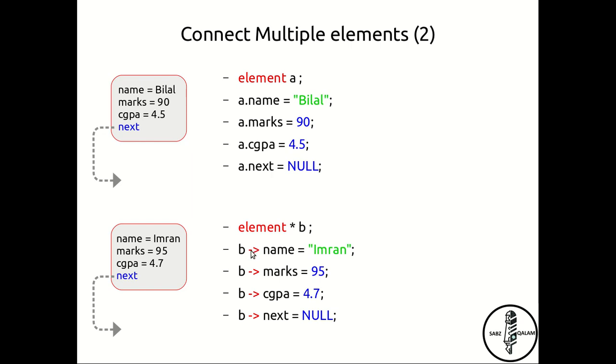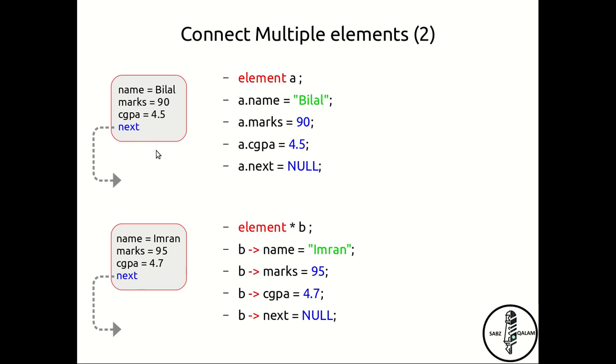That's why we've been using the arrow for a long time. The name to which B points has been assigned Imran. The marks that B points to has been assigned 95, the CGPA that B points to has been assigned 4.7, and the next that B points to has been assigned null.